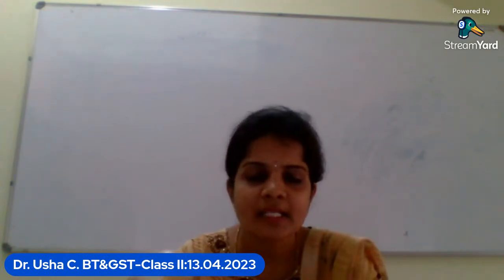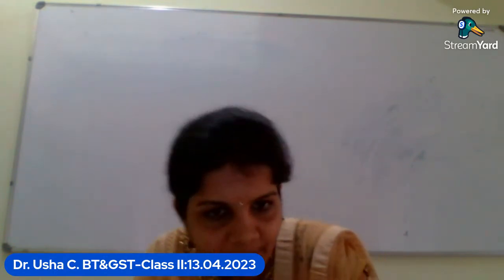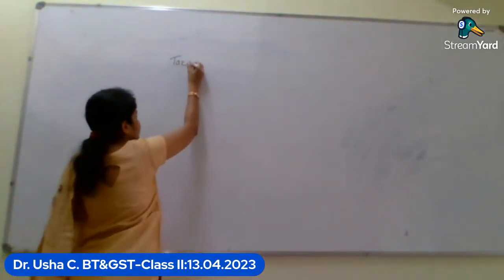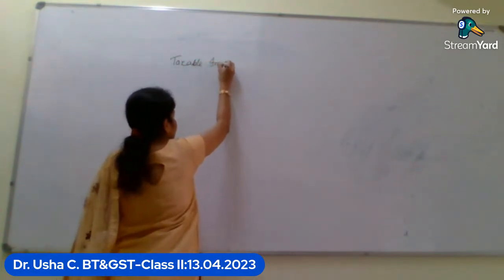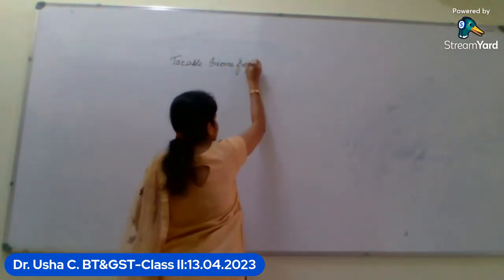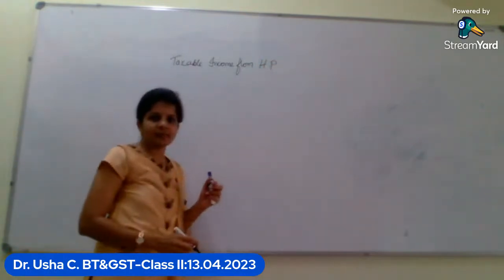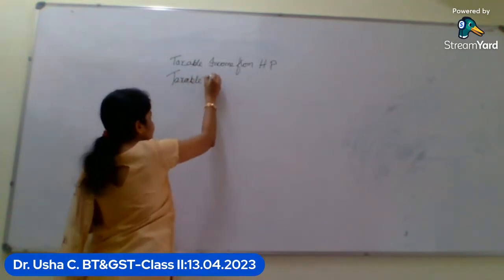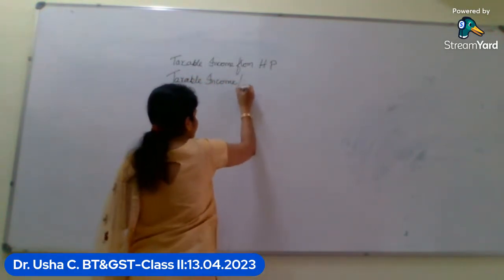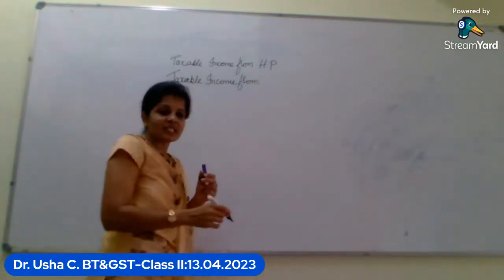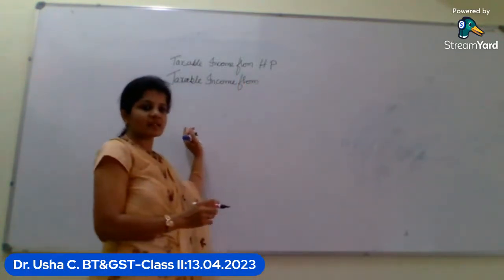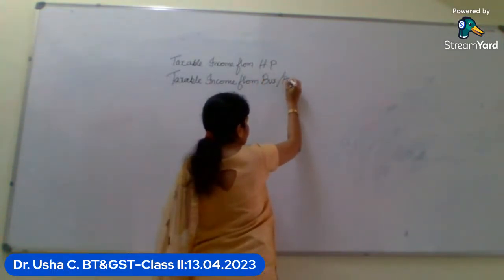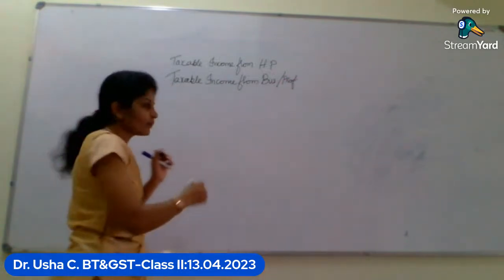That is, one is taxable income from house property, and write it on the board. Taxable income from house property. Next, taxable income from business or profession, or we can say profits or gains from business or profession.